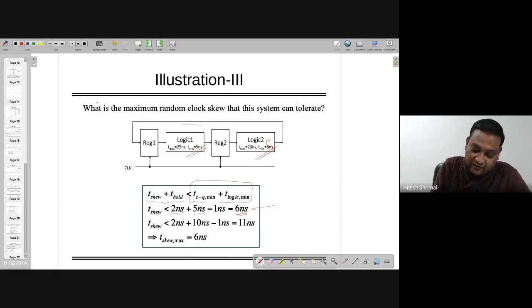And again, for the second stage, you can find out the number that is coming around 11 nanosecond. But because you are interested in the minimum of these two, it's coming out as 6 nanosecond, right? Because clock skew has to be less than the value given to you, right?